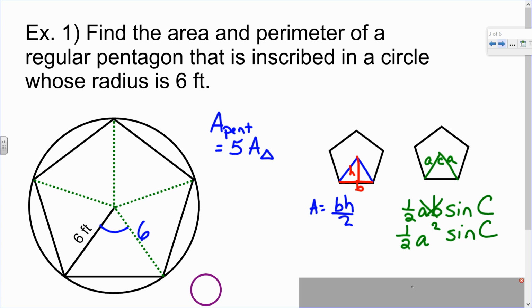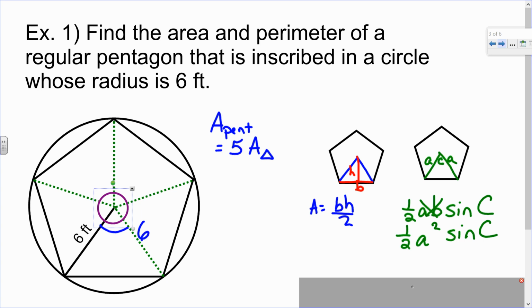Yes, how'd you come up with that? So if I look at those apex angles at the top of that isosceles triangle, the one that I first drew down there at the bottom, that's called an apex angle. And there are 5 of those that meet in the center of the pentagon.